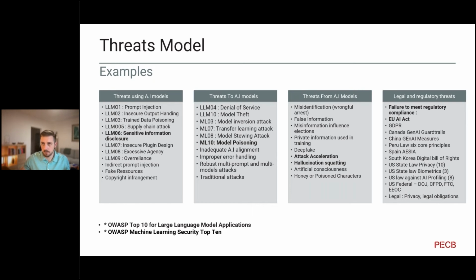In the attack acceleration category, we can also talk about the deepfake capability that is used to create highly realistic but fake audio and video content, and that increases the impact of social engineering attacks. We can think about the president fraud that is asking a collaborator to transfer money.